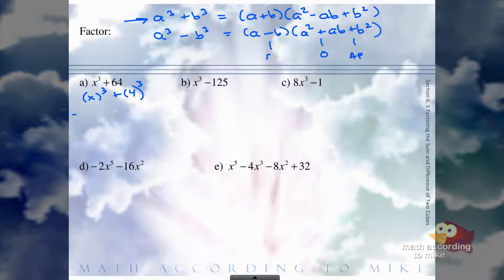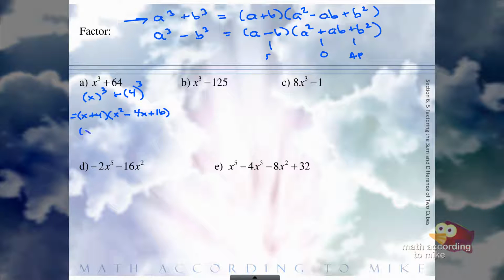So that means that this factors as A plus B, x plus 4, times A squared, x squared, minus, opposite sign, A times B, well that would be x times 4, or 4x, always plus, B squared, 4 squared, 16.